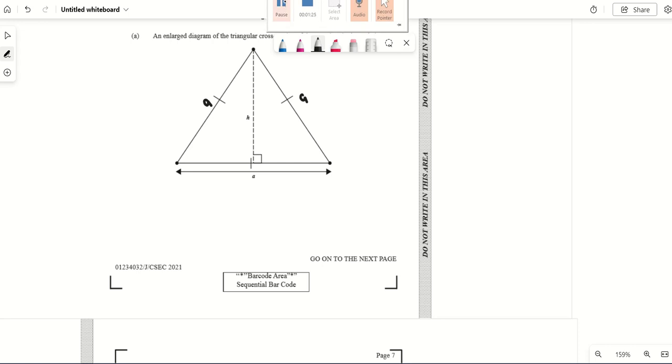So first off, if they're talking about this center here, from here to here is half. So this is a half A. So now as soon as we see this 90 degrees, if you say a 90 degrees triangle, you think of Pythagoras theorem, right? Pythagoras theorem is A squared plus B squared is equal to C squared, where C is your hypotenuse, and A and B are your other sides.